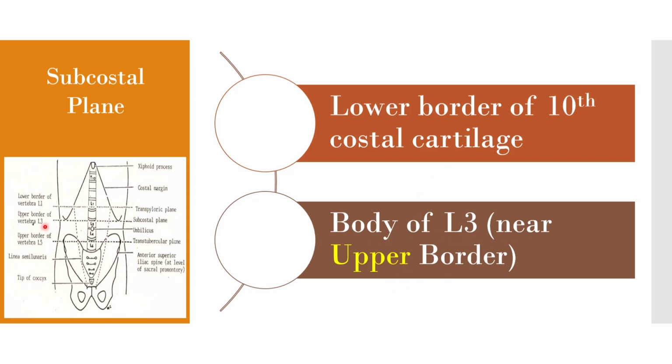You can see here the lower border of the 10th costal cartilage and the body of L3. Make it clear: L1 lower border transpyloric, L3 upper border subcostal, and upper border of L5 transtubercular plane.